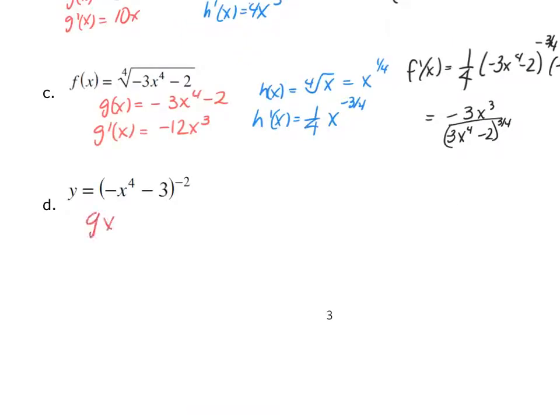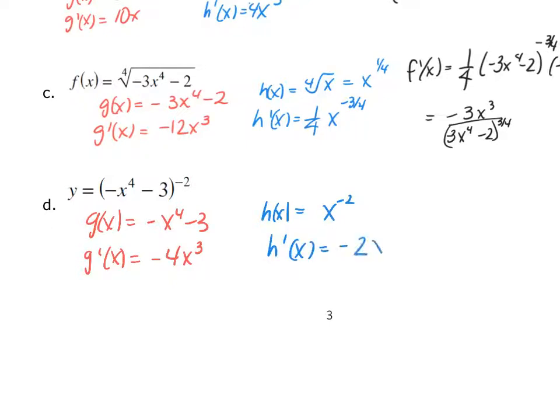So my inner function is negative x to the 4th minus 3. My derivative of my inner function is negative 4x to the 3rd. My outer function is going to be x raised to the negative 2. The derivative of my outer function is negative 2x to the negative 3.